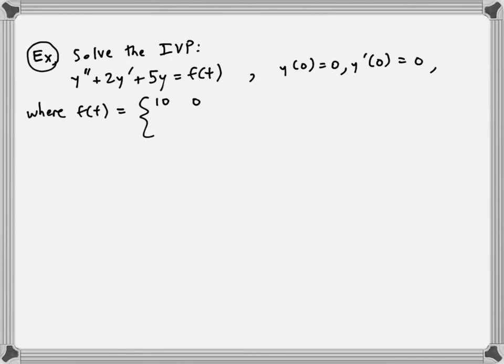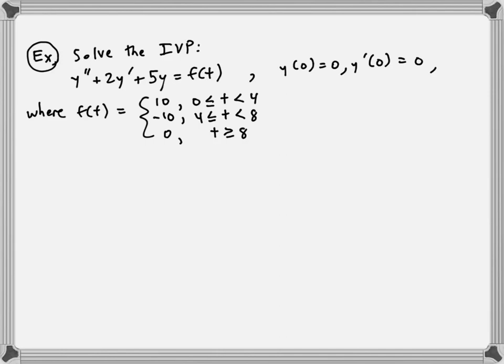It's 10 if t is between 0 and 4, negative 10 if t is between 4 and 8, and 0 when t is bigger than or equal to 8.